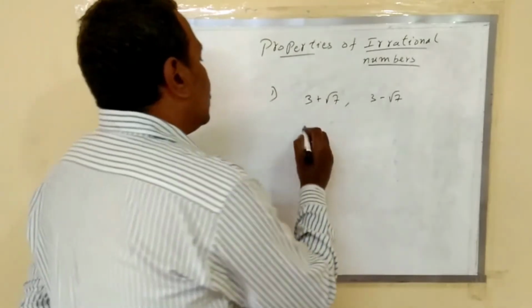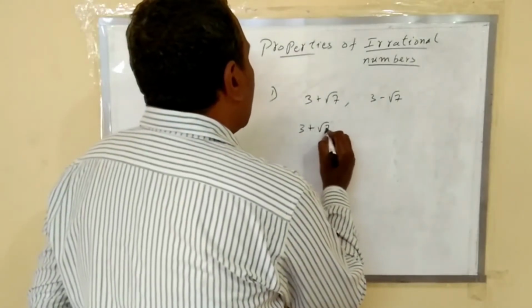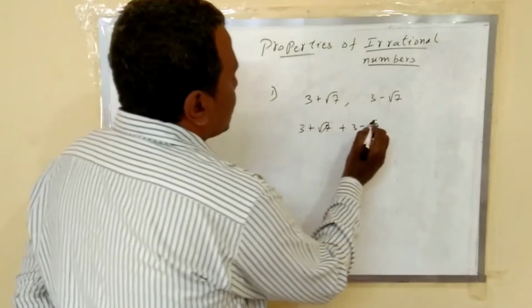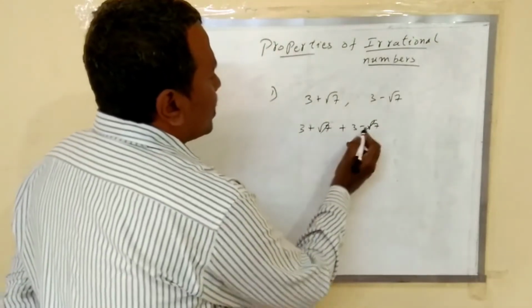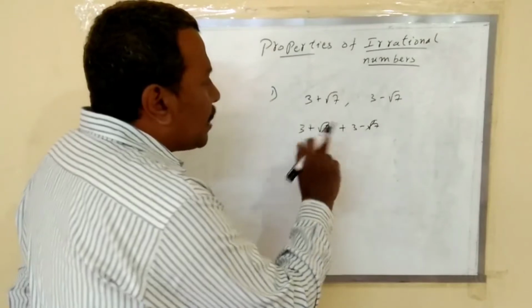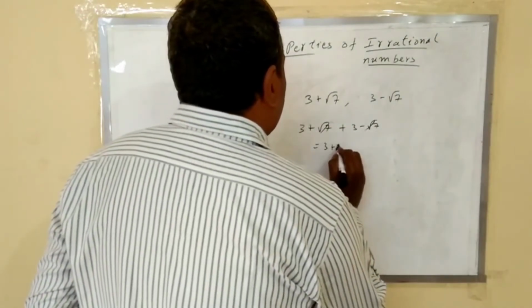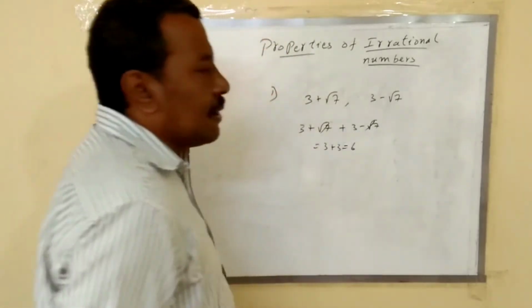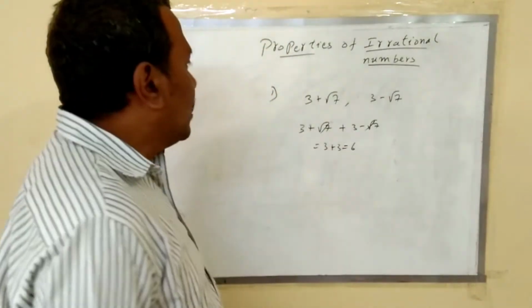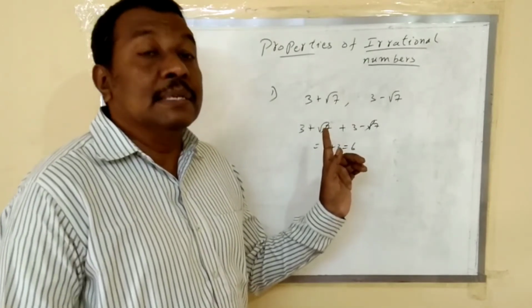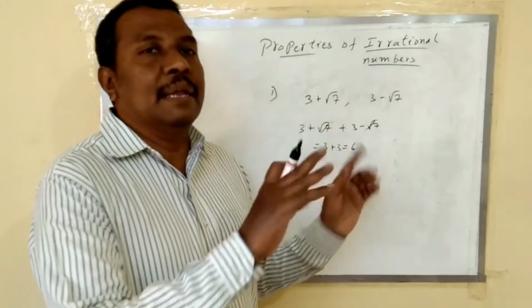The sum of these two: 3 plus root 7 plus 3 minus root 7. Root 7 plus root 7 minus root 7, the same term containing opposite signs gets cancelled. So 3 plus 3 is equal to 6. Finally, we got a rational number. That means the sum of two or more irrational numbers may be a rational number.